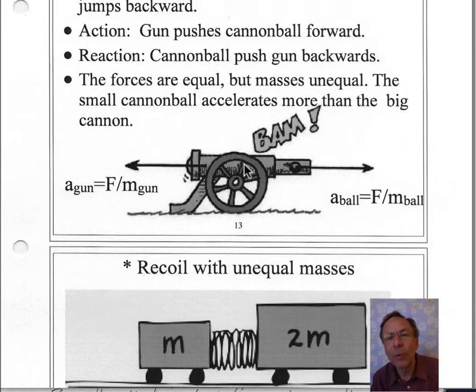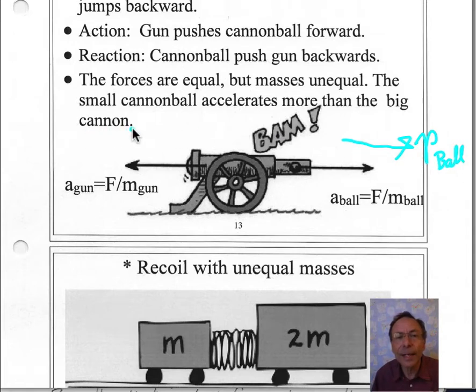Before the gun fired, the total momentum was 0. After the gun fires, the total momentum is also 0. But the cannonball has some momentum, P ball, going to the right, and so to add up to 0, the cannon's momentum, P of the cannon, has to be the negative of P ball. So the cannon has to move to the left.